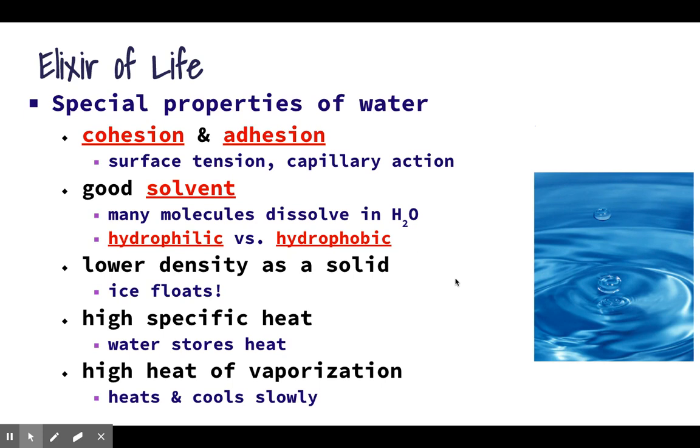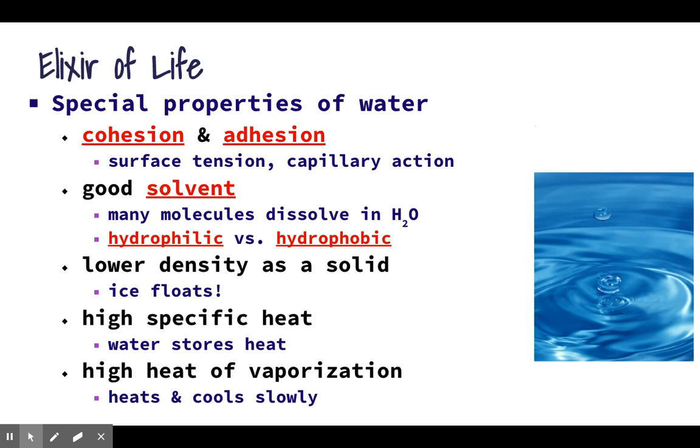All right, we have cohesion and adhesion. Cohesion and adhesion allow for surface tension and capillary action of our water. Water is a good solvent. Many molecules dissolve in water, or sometimes I like to say the solution to pollution is dilution. Eventually, if you dilute everything out, it will dissolve.